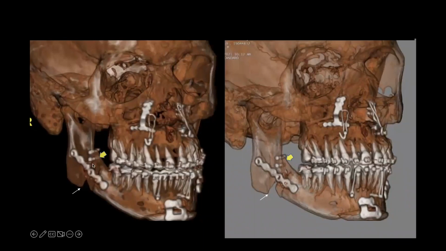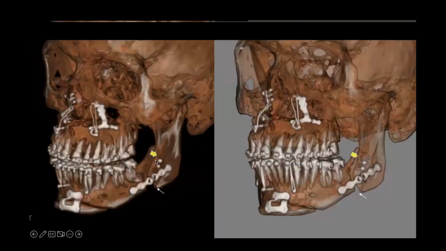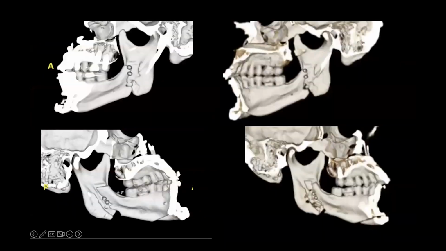You could see the osteotomy was done with a very short bone segment, minimal bone contact on both sides, okay? You could see the mandibular displacement, non-union on both sides. Right after surgery, and when he came to see me, non-union on both sides.